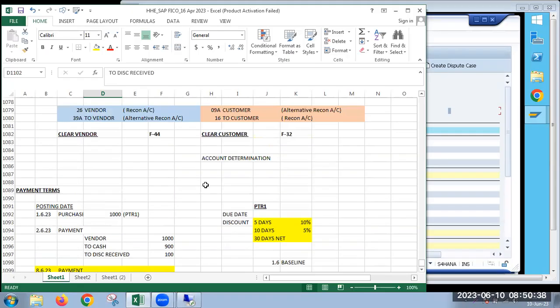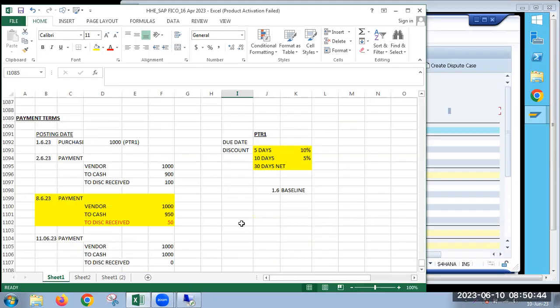Remember account determination. We specify a GL account. We assign a GL account for automatic posting for discounts. At the time of discount, which GL is to be posted, we will specify first. After that, the system will not create any GL account automatically or assign automatically. That's our job.